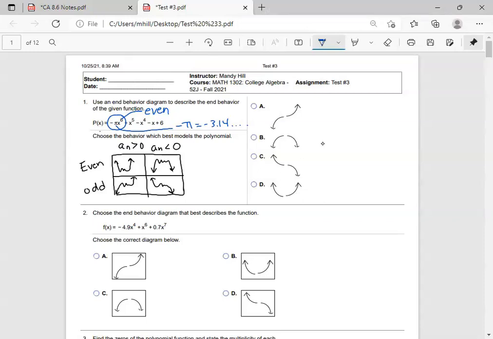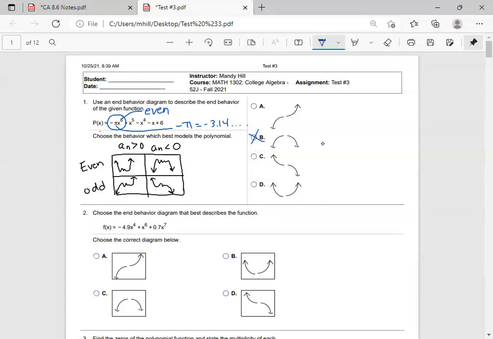So even and negative is going to be this one that's facing down. So which one is the correct answer? B. Because we want the one that is even, because 6 is even, but it's facing down. Both of the ends are facing down, and because it's negative, it's less than 0. It's going to be this one.